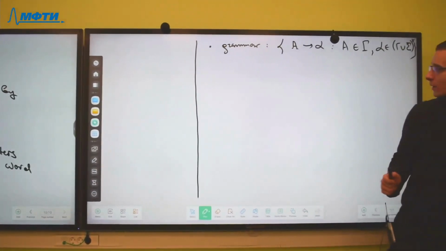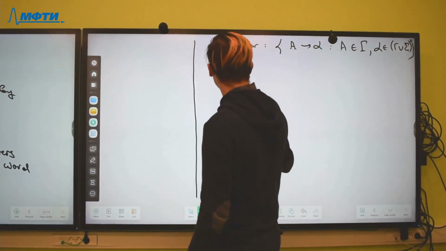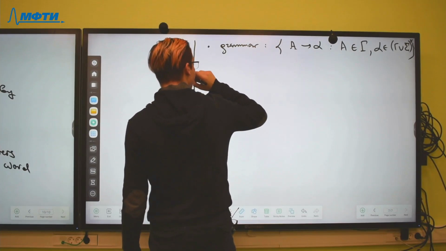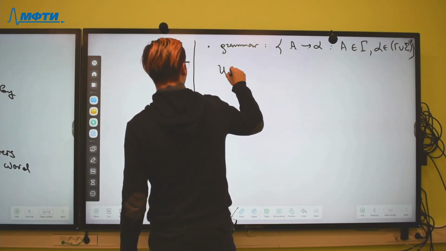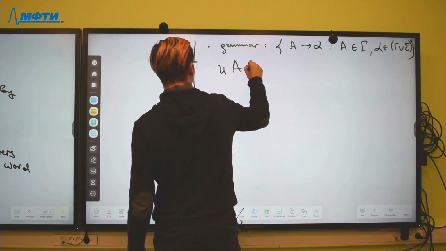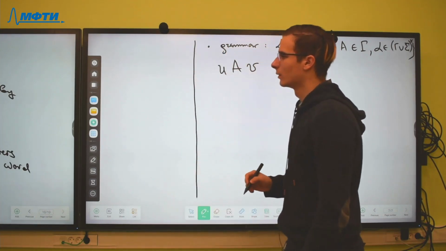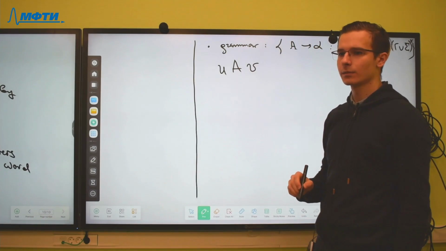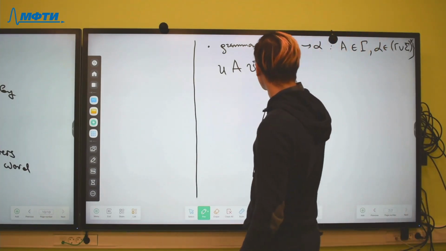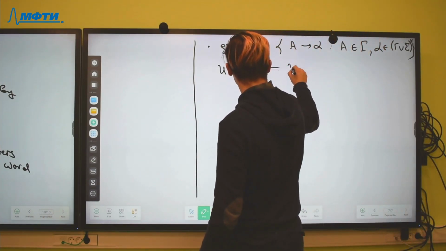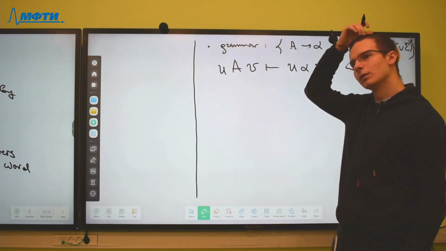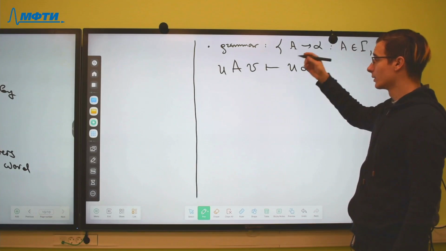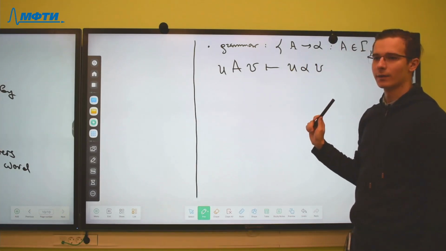So if we have, for example, the word UAV, we can transform it with this law. We can transform A to alpha, for example.